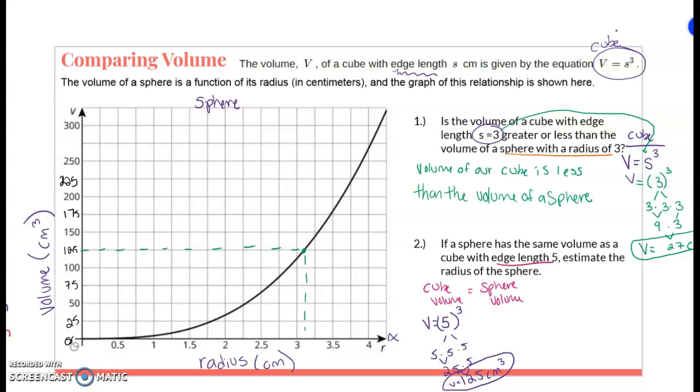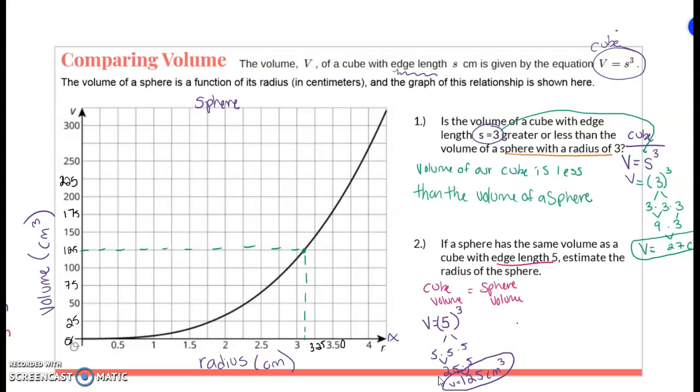So if I go straight down again, I don't know what this next dash is, but I know between 3 and 3.50 or 3.5 is 3.25. So I know that it's between 3 and 3.25.